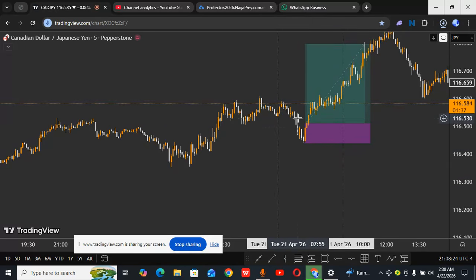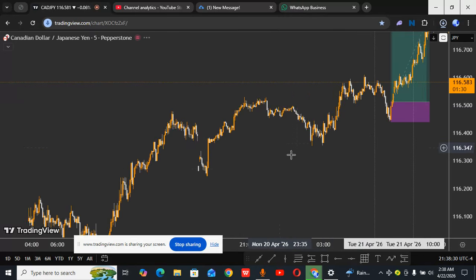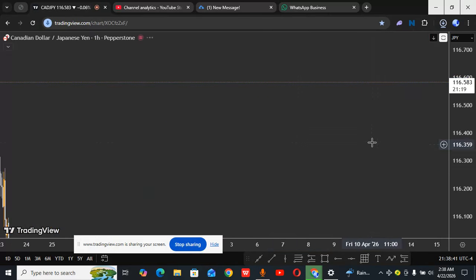Now, what I normally do during Q zone is that before price gets to the Q zone, I first of all scout to determine the trend of the market. If it's bullish, then I want to look for a demand zone. In that demand zone, there are certain things I want to look out for, and I normally do this on the 1 hour time frame.